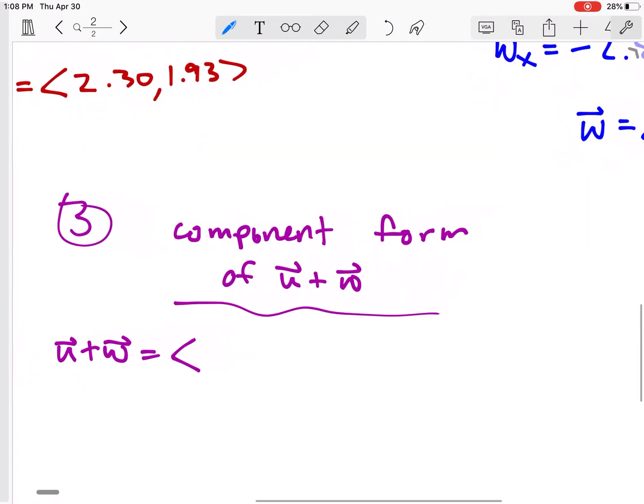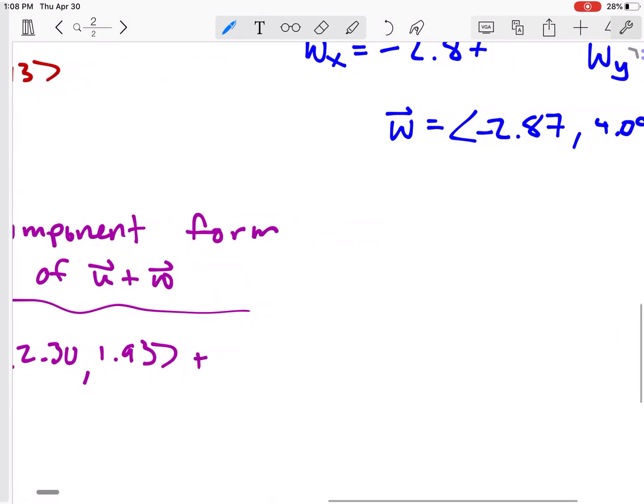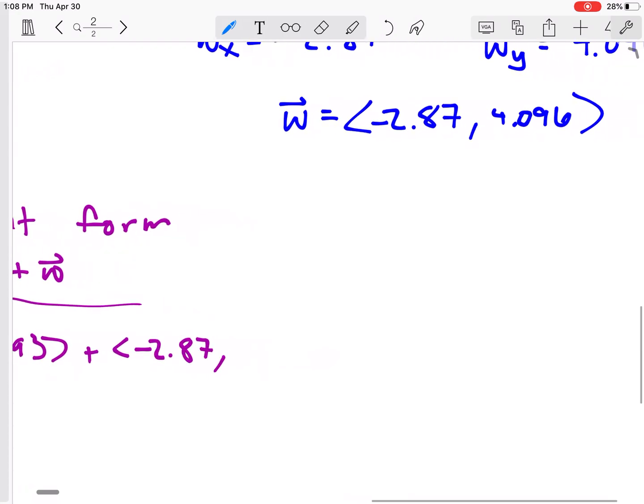So we're taking positive 2.30 and 1.93, adding that with negative 2.87 and 4.096.